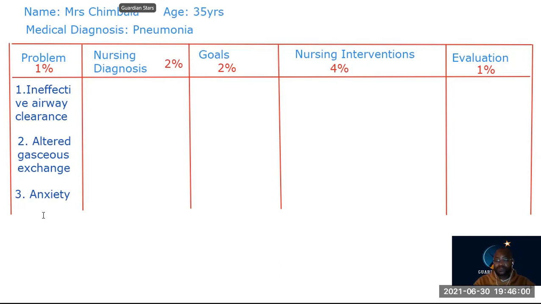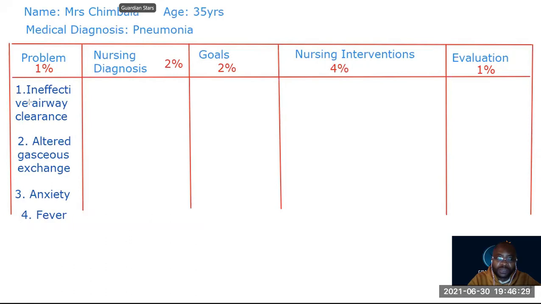We said the patient has got fever, about 38.5 degrees Celsius of temperature. So what problem can we identify from that? We do not want to bring out fever as our problem. That is not allowed. Fever is a sign and symptom, so don't say fever.